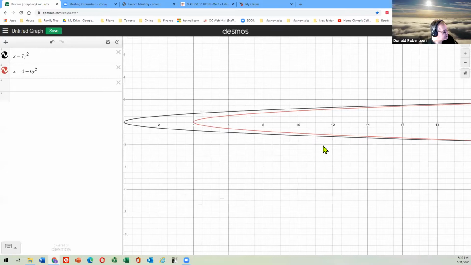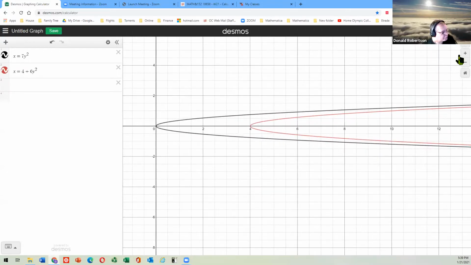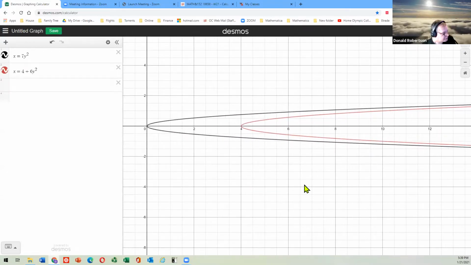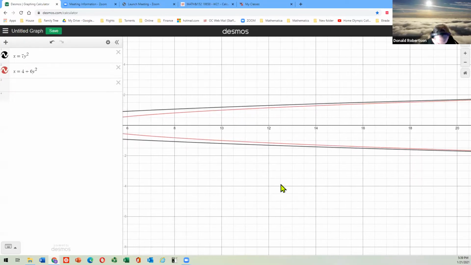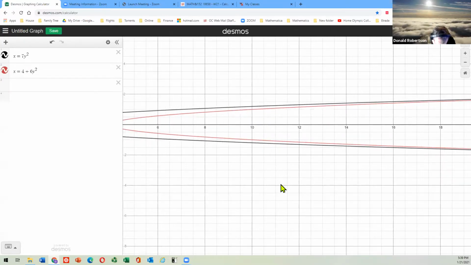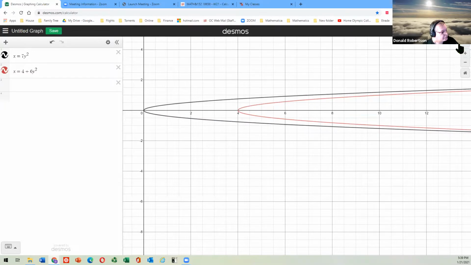It looks like they intersect as well, so I'm going to go back to this window. A bit surprised by what the shape looks like, but that's fine.